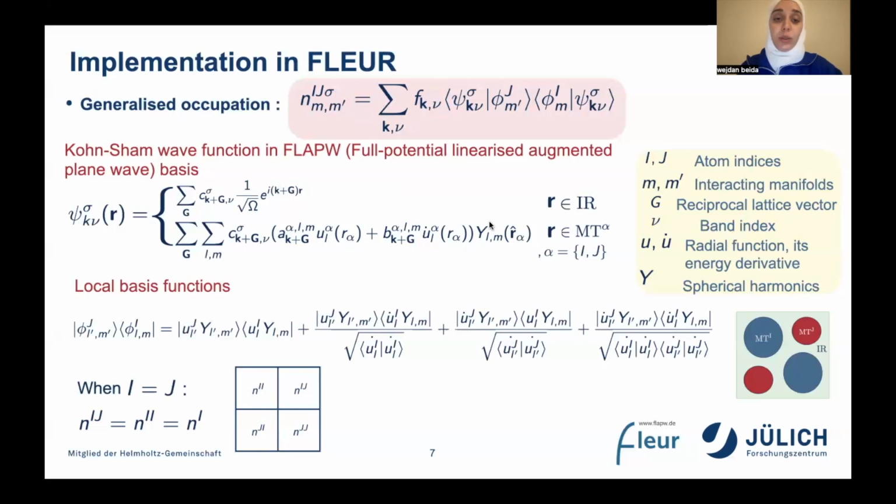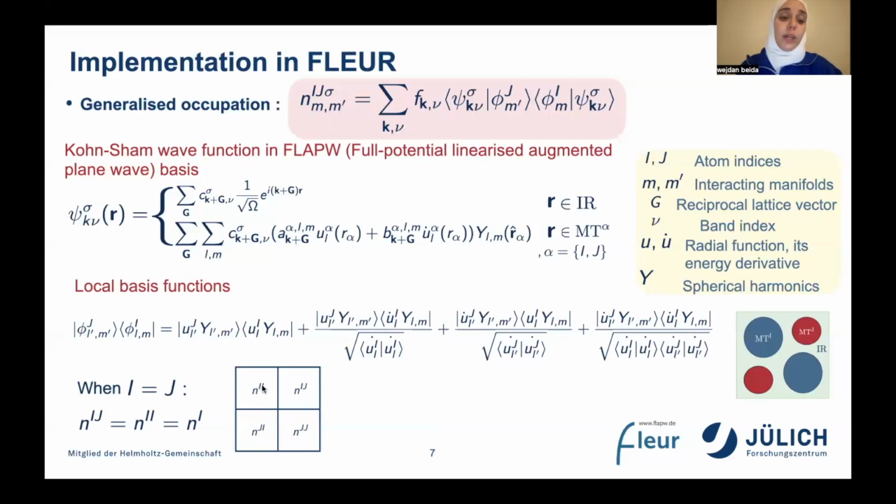This you have encountered before in other talks. For the choice of the projector between atom J and atom I, we choose either the radial function or the energy derivative of the radial function multiplied by the spherical harmonic at atom I and J. With this implemented in Fleur, we have a large matrix.